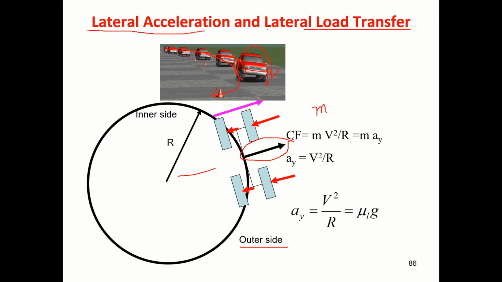Centrifugal force is given by m r omega square, or I can write this as m r square omega square by r, or m v squared by r, where v is equal to r omega. This is the centrifugal force. Force is mass into acceleration, so v squared by r can be called lateral acceleration. I represent it by a suffix y.